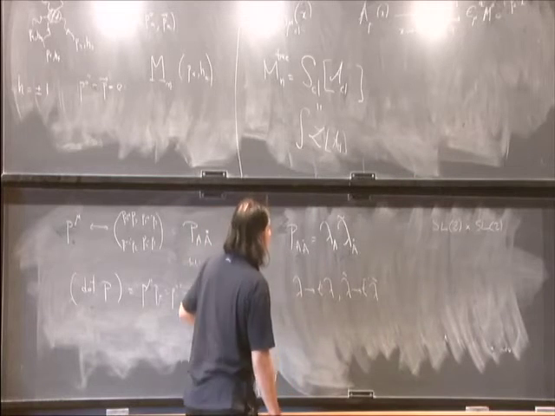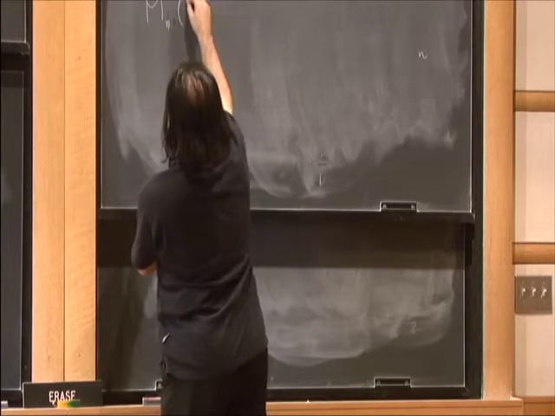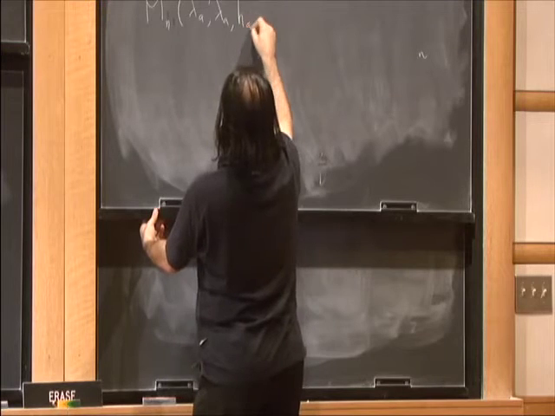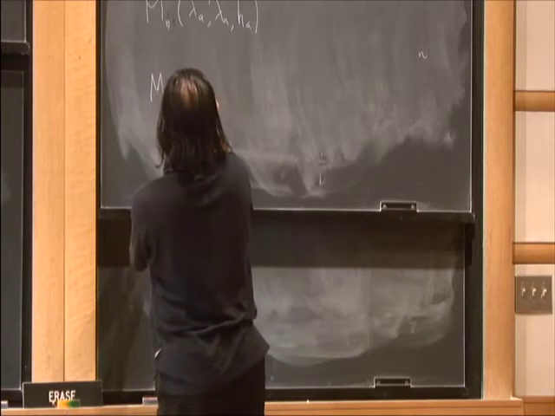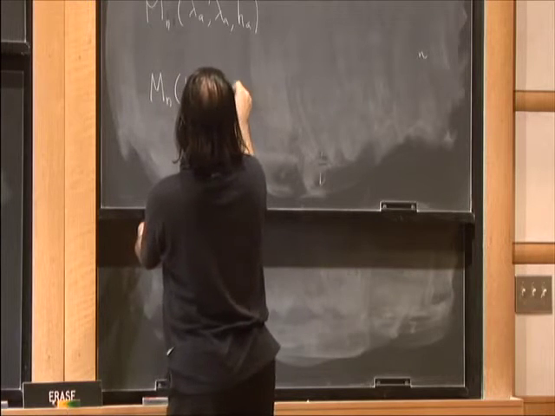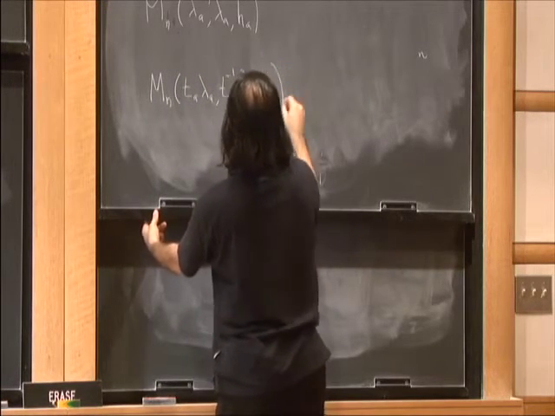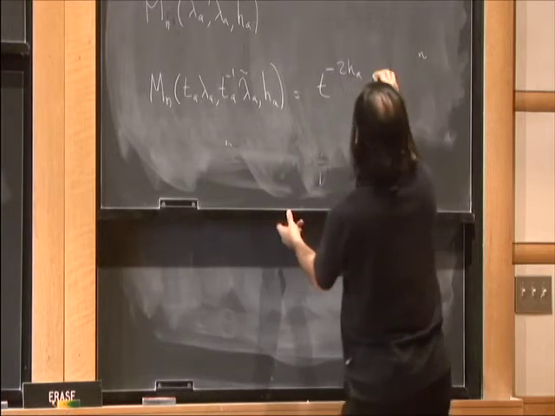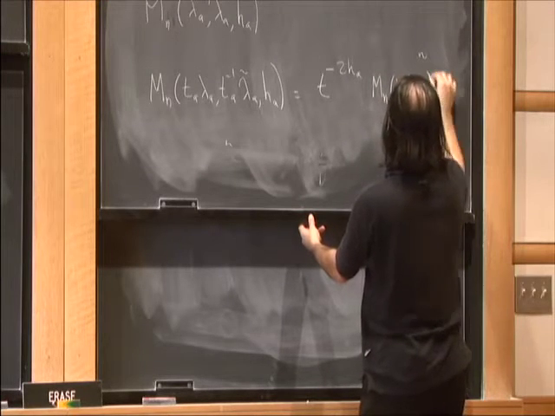So if I give you an amplitude that depends on lambda_a, lambda tilde_a, and the helicity, then if I rescale, and this is just a convention, it must be that M_n picks up t to the negative 2h times M_n of lambda, lambda tilde, and h.